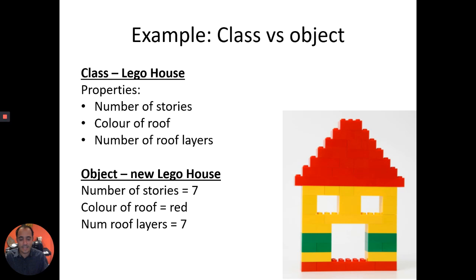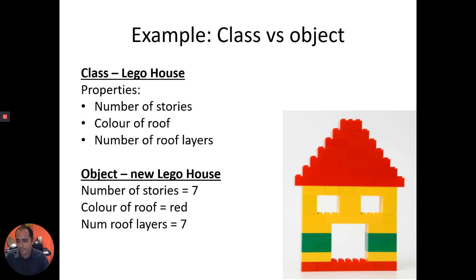String was just an idea, a class that someone created with a bunch of behavior. But until you actually create a new string with values inside it, you can't necessarily manipulate that information. And you can create lots of strings and lots of colors and lots of Lego houses, but they're all based on that blueprint.